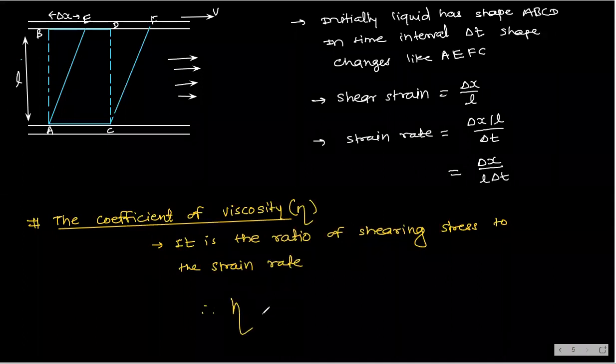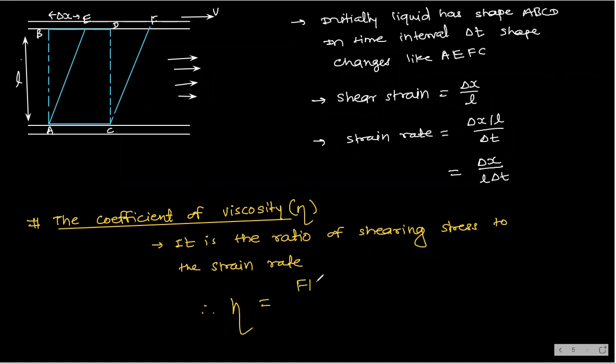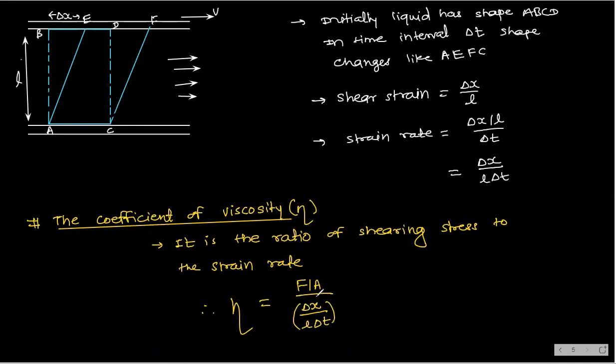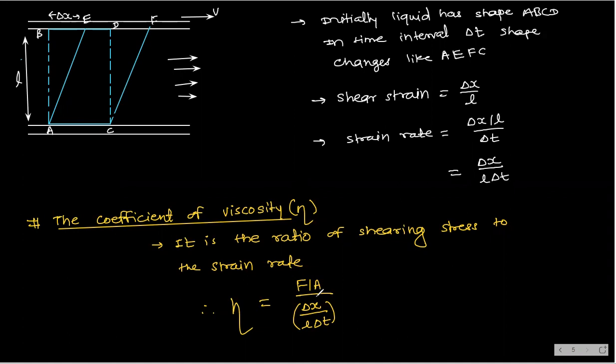And therefore eta is equal to F by A, which is shearing stress, divided by delta X by L into delta T, which is your coefficient of viscosity. Right?